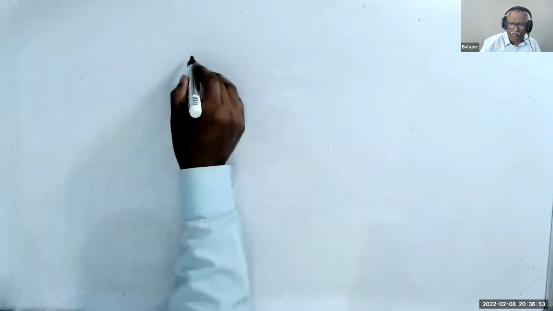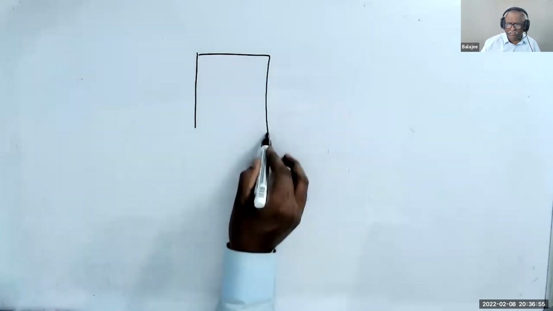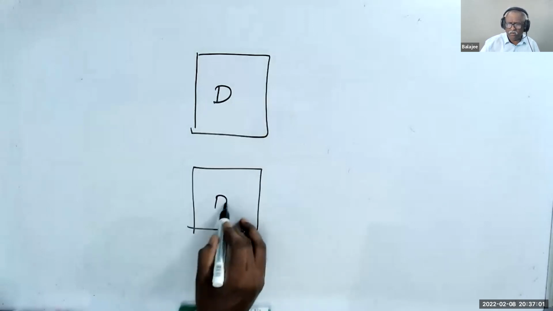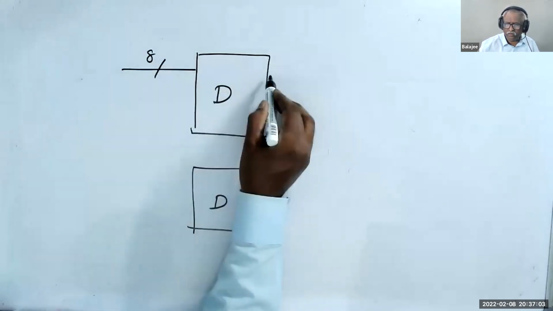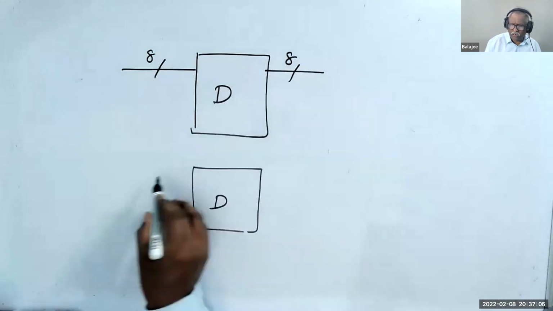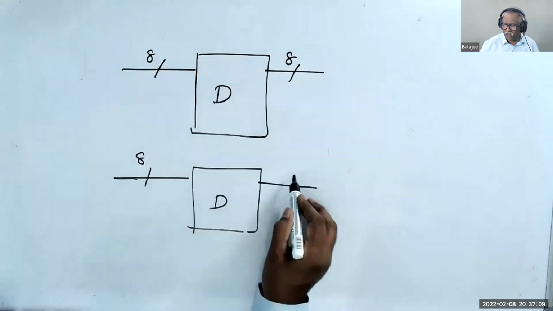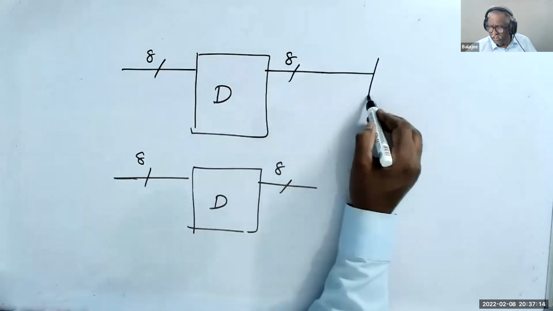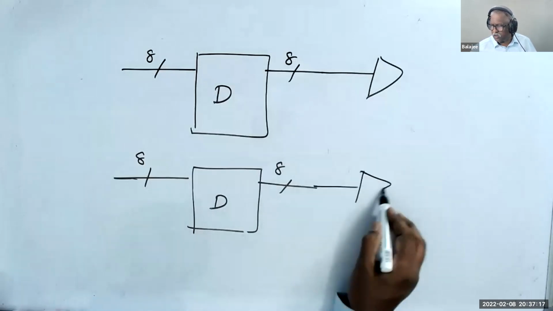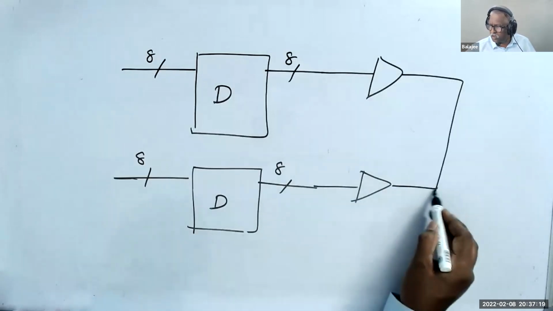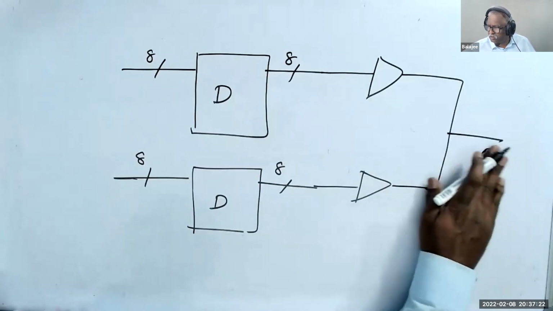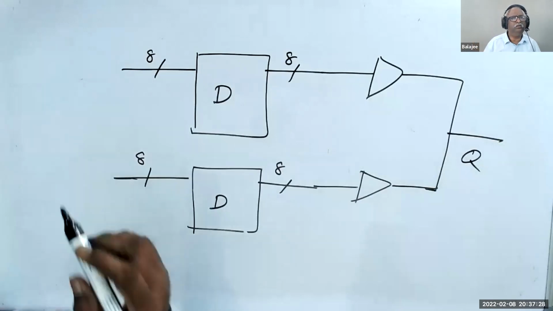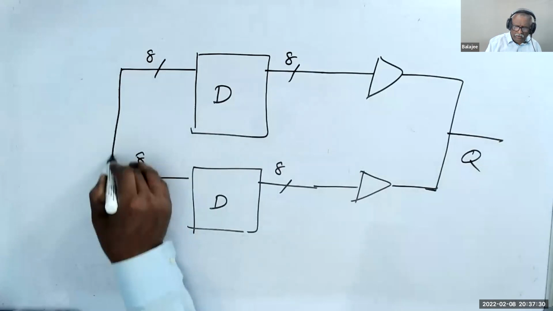Let us assume that I have a D latch. I have a D latch, an 8-bit latch. You understand? Now I have a tri-state. Okay, now I connect this also.